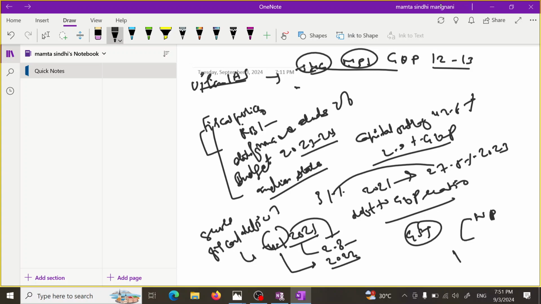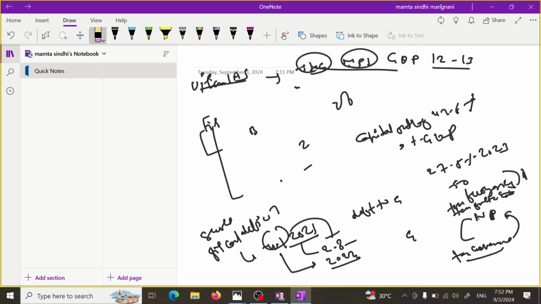Tax buoyancy greater than 1 signifies that tax revenue grows at a faster rate. Okay, so this is all we should understand about what is happening in our Indian economy.